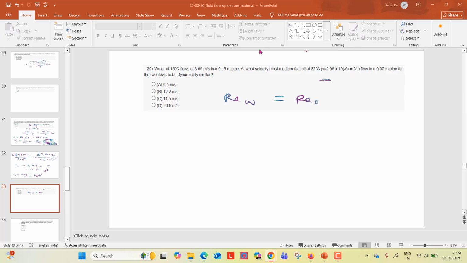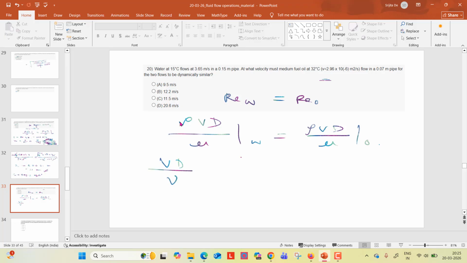Both are water and oil. So rho VD by mu for water and rho VD by mu for oil. So here we know the kinematic parameter, right? So we can also write VD by nu, because for oil nu is given, right?